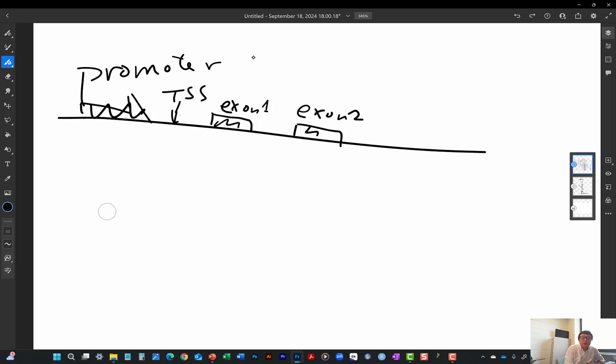Each sequence that really codes a protein is called an exon, such as exon 3. And eventually, this is the end, the transcription end site, TES. From TSS to TES in the genome, the protein coding sequence is scattered in several fragments. Each fragment is called an exon, and the sequence between the exons is called an intron.